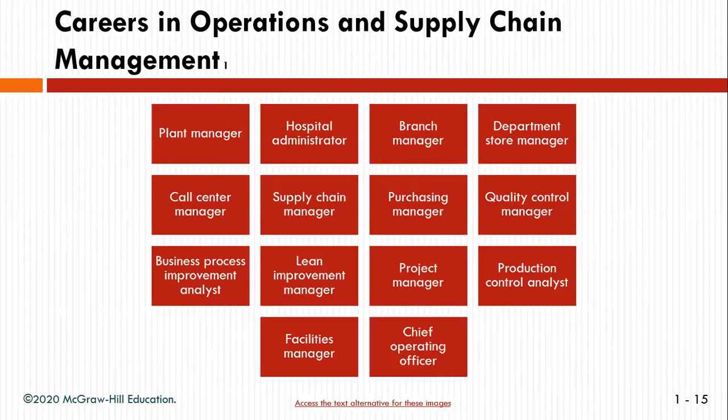And you have the production control analyst, who looks at how to improve the production and how to minimize the cost. And then you have the facilities manager, and COO.